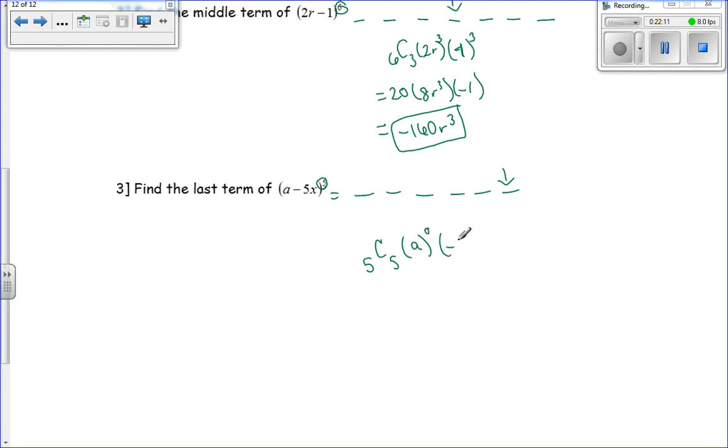And then negative 5x to the 0, 1, 2, 3, 4, 5. So I will have 1, 5c5 is 1, sorry. a to the 0 is 1, and negative 5 to the 5th is negative 3,125x to the 5th. So my answer is negative 3,125x to the 5th.